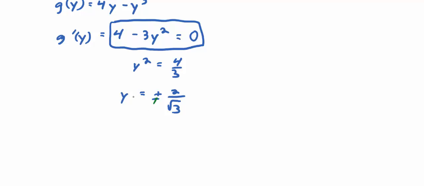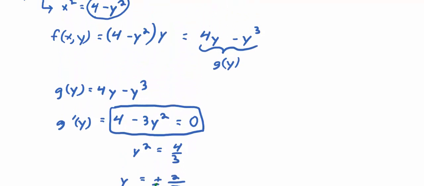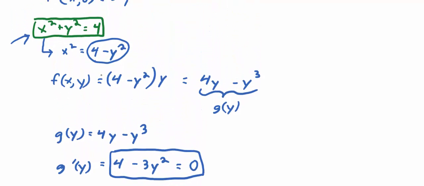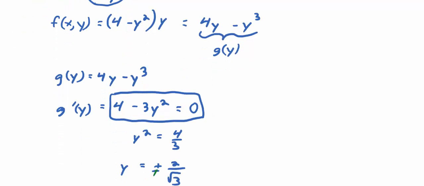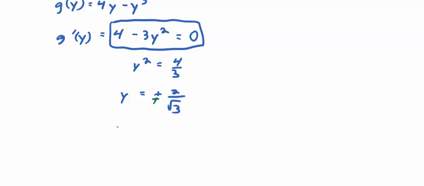And then we are looking ultimately for critical points on that curve, so we need to get the x value. How do we get the x value? Corresponding to that y value, we realize, oh, x squared is equal to 4 minus y squared. So if we replace y squared with 4/3, we'll get the corresponding x value.